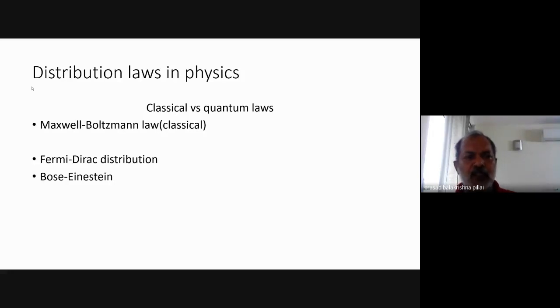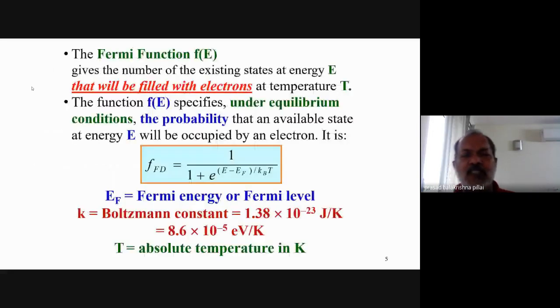The Fermi function is nothing but a probability function. It is the probability of occupying a particular energy state E at a temperature T. One thing we need to understand is that all these distribution laws are defined for equilibrium. Under equilibrium conditions, what is the probability that an available state of energy E is occupied?